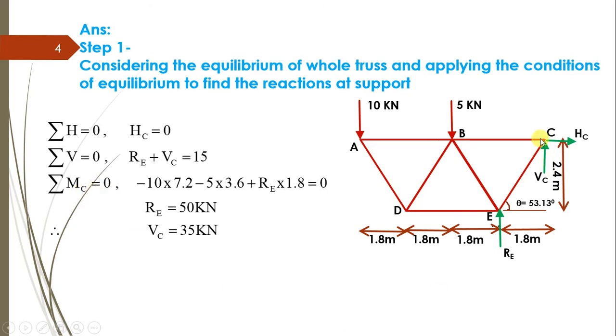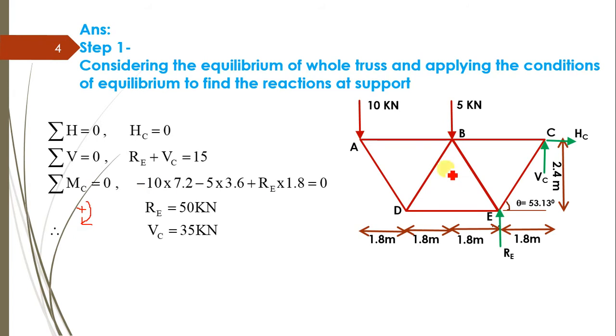Taking the summation of moment about point C, Vc and Hc pass through C, so their moment will be 0. Whenever we are considering the moment, we take clockwise moment as positive.